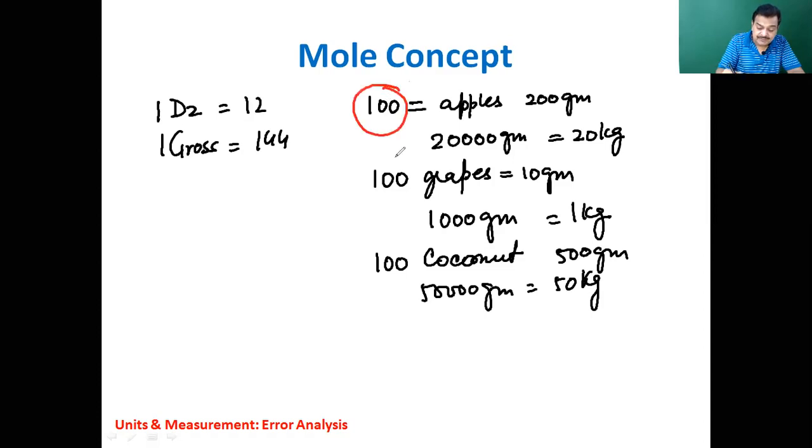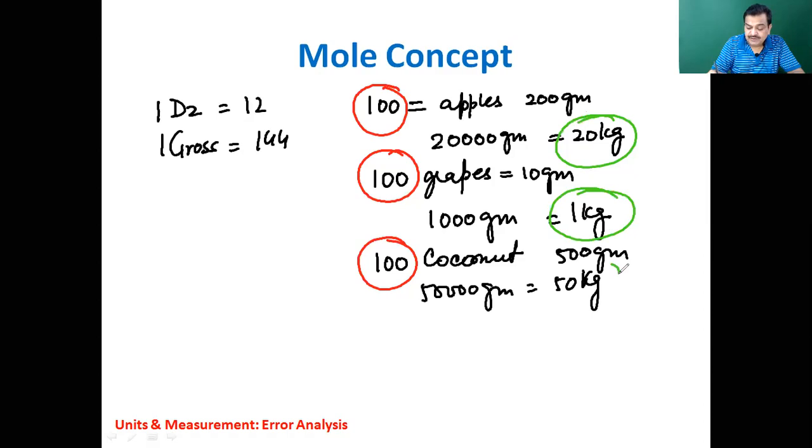That 100 is common everywhere. Whether you take 100 apples, 100 grapes, or 100 coconuts, the count is the same. But the mass is different. Here it is 20, here it is 1, here it is 50. That totally depends on the size of the thing which we are counting.